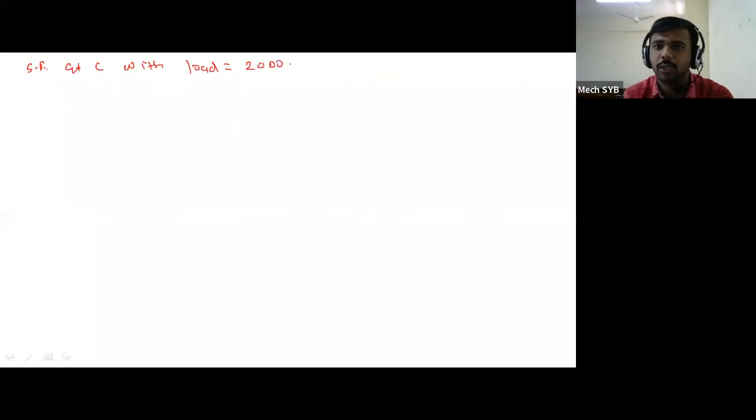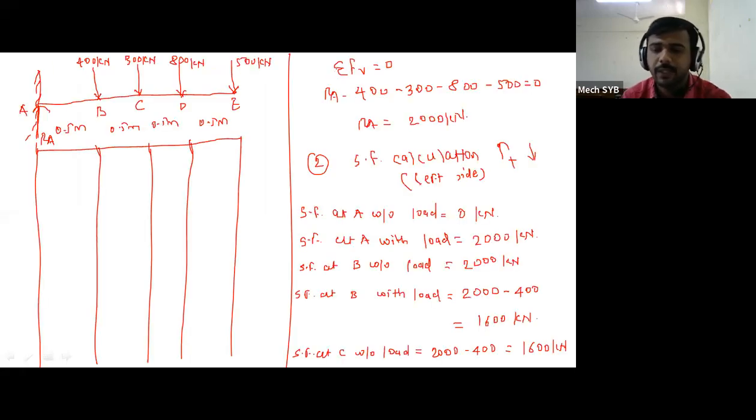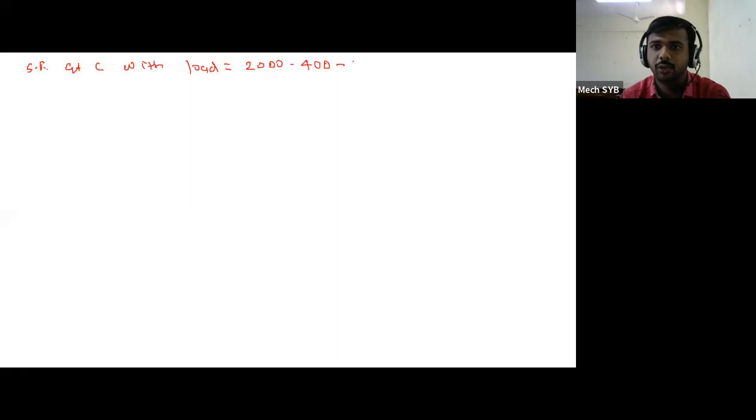Okay, then SF at C with load, means all forces on the left side, 2000 minus 400, with load means how much load is on that point? 300. So minus 300. What will be this answer?